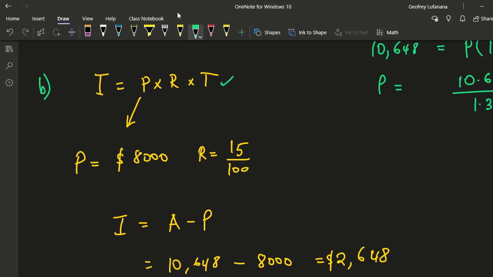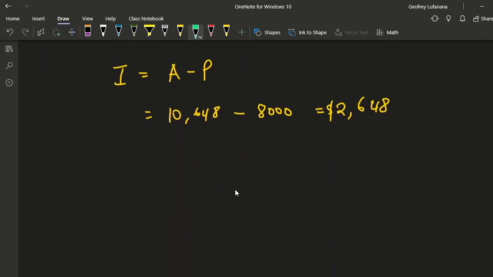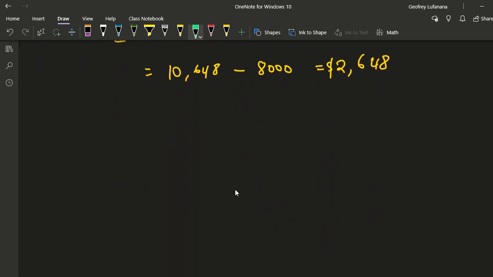Okay, now we want to find how long it will take for him to earn back that interest, given that his business earns at 15% per annum. That's the rate. So if I substitute all those values in my formula, I have that 2,648 equals to the principal times the rate.